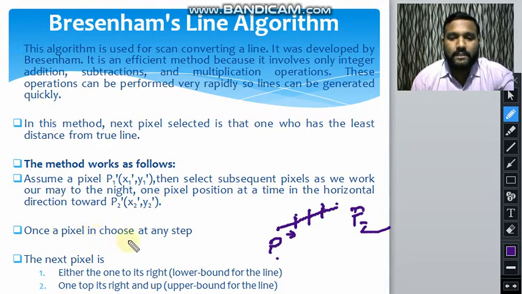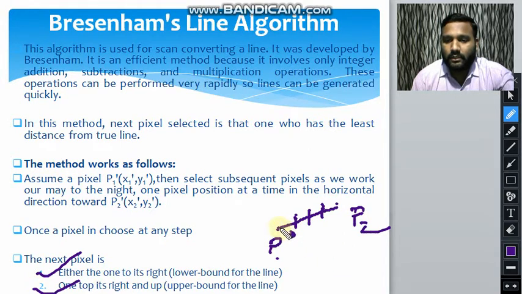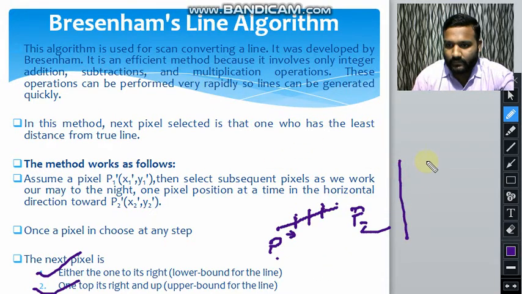Once a pixel is chosen at any step, there are two possibilities for the next pixel. The first one is the one to its right. Let me first draw this.